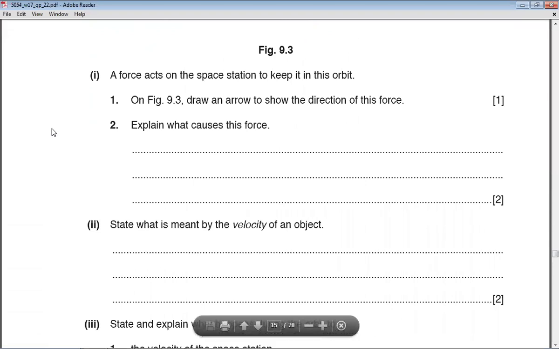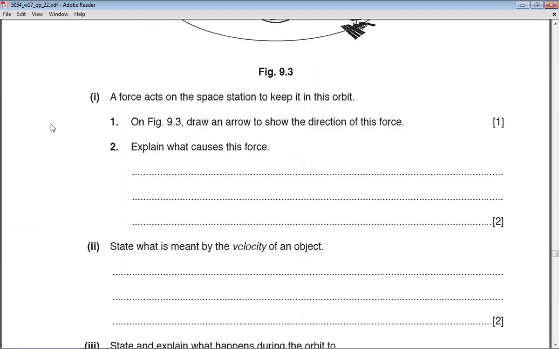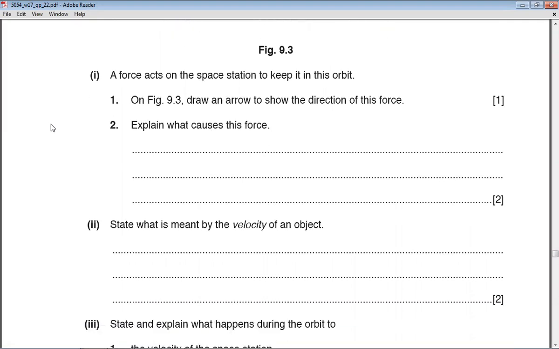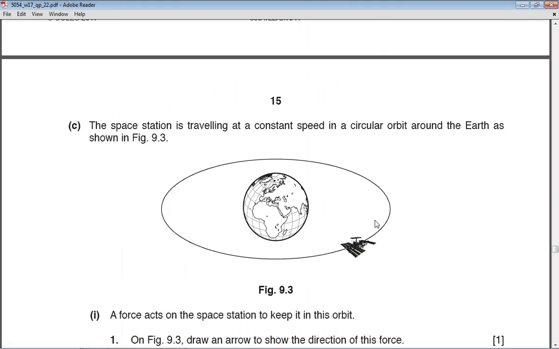Okay, so question number 9C first, and the second part is explain what causes this force. You see, the satellite is basically revolving around the Earth, and the centripetal force is towards the center of this Earth.